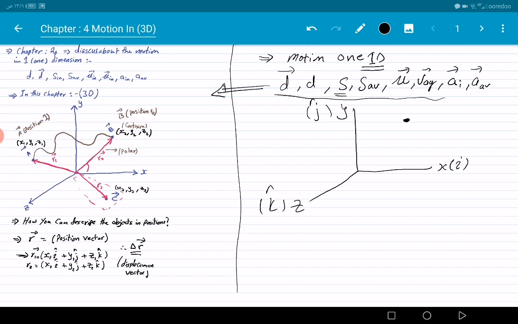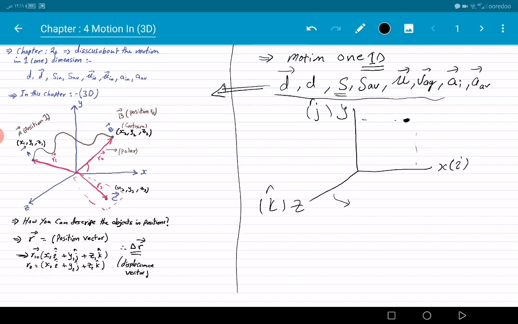If I have this point for any object or particle, I cannot describe it with x only or y only, because there is also the z direction. So how can I describe it in space?